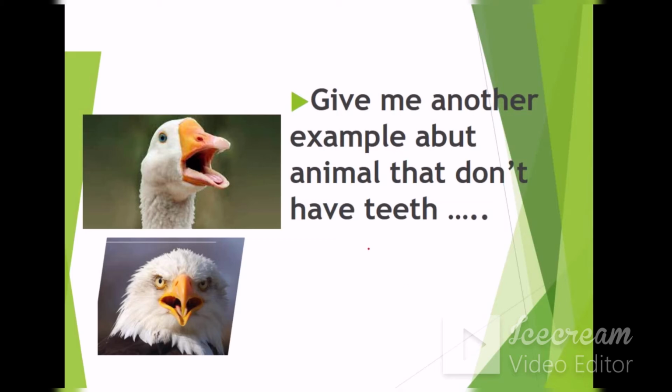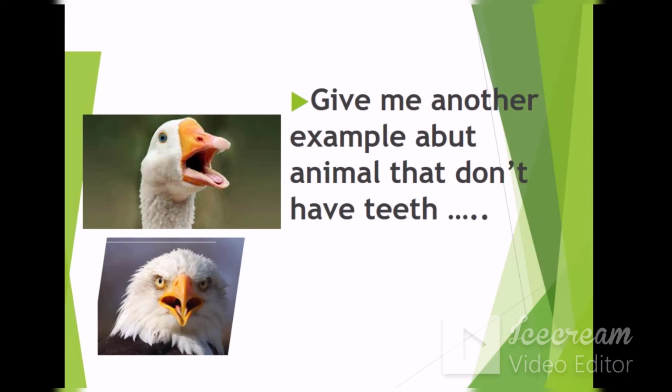The duck, for example, eats very flexible and fleshy food, and doesn't need to cut and break down a lot. And also the eagle or hawk has a very sharp beak to cut the meat. Now as you see here, all the parts of the animals and birds and all organisms adapt to their environment.